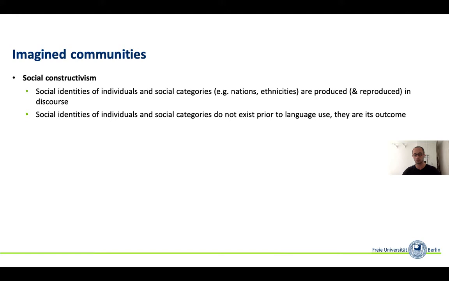This means that social identities of individuals and the social categories do not exist prior to language use, but they are the outcome of language use. By speaking, we express our belonging to a certain group, and we also express our social identity, right? How we want that others perceive us.